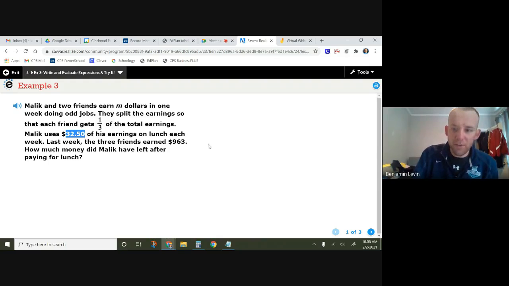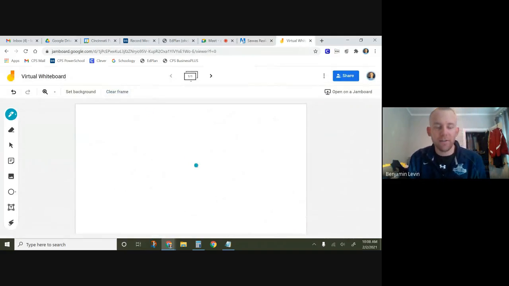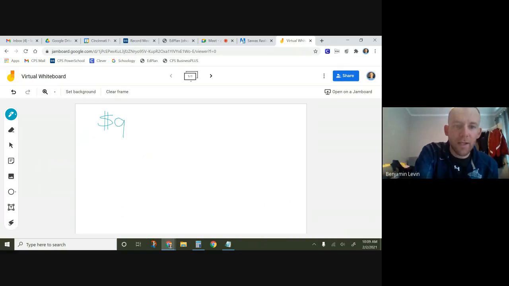Okay, so the first thing we need to do is we need to find out what Malik's share is. This is the total amount of money that all 3 of them made. Okay, so we need to divide that by 3 because Malik's share is the total divided by 3. Let's write an equation here. 963 divided by 3 minus the amount of money he spent on lunch, $32.50.